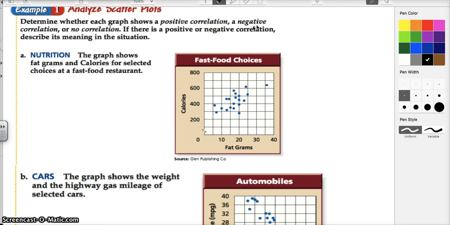Is there a positive correlation, a negative correlation, or no correlation? The graph shows fat grams and calories for selected choices at fast food restaurants. As I look at this, I do see a positive correlation, because the lower we are, the lower it is in calories, and the higher we go in terms of fat grams, the greater amount of calories. So I'm going to say that this is a positive correlation.